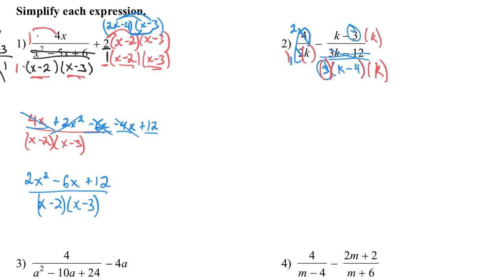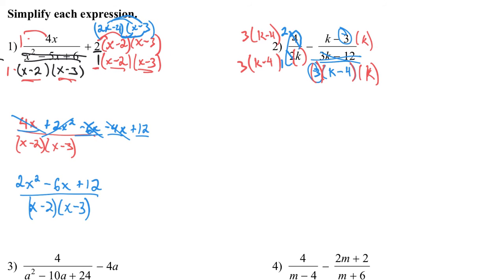Neither of those show up in the first one, so I need both the 3 and the k minus 4. Okay, once I check my denominators, make sure they all match. I have 3 in both, k minus 4 in both, and a k in both. So everything matches up. So now I just multiply the numerators, and then I got my answer.